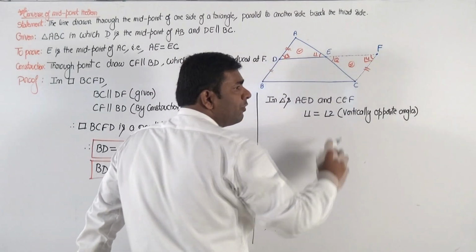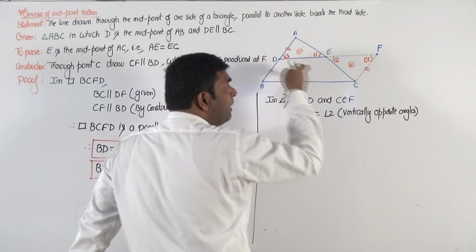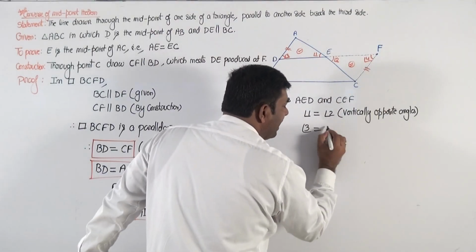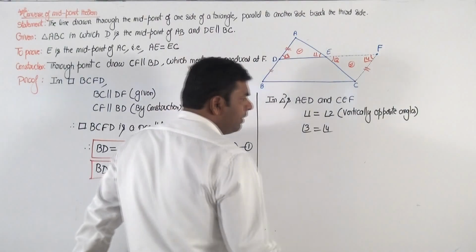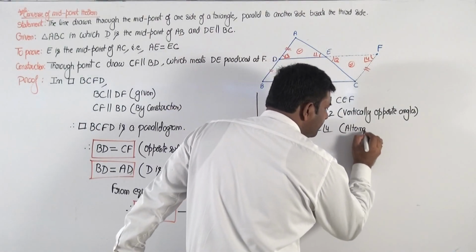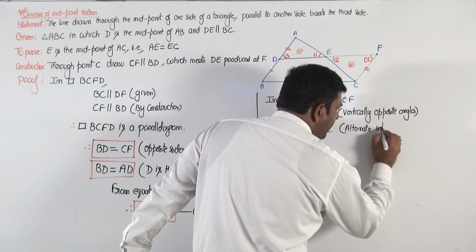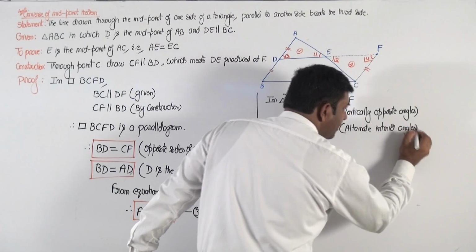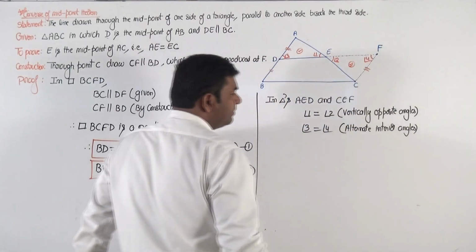Angle 3 and angle 4 are alternate interior angles, क्योंकि ये दोनों पैरेलल है ना, ये ट्रांसवर्सल है. सो एंगल 3 और एंगल 4 alternate interior angles इक्वल होगा, they are equal क्योंकि लाइंस पैरेलल है ये दोनों.